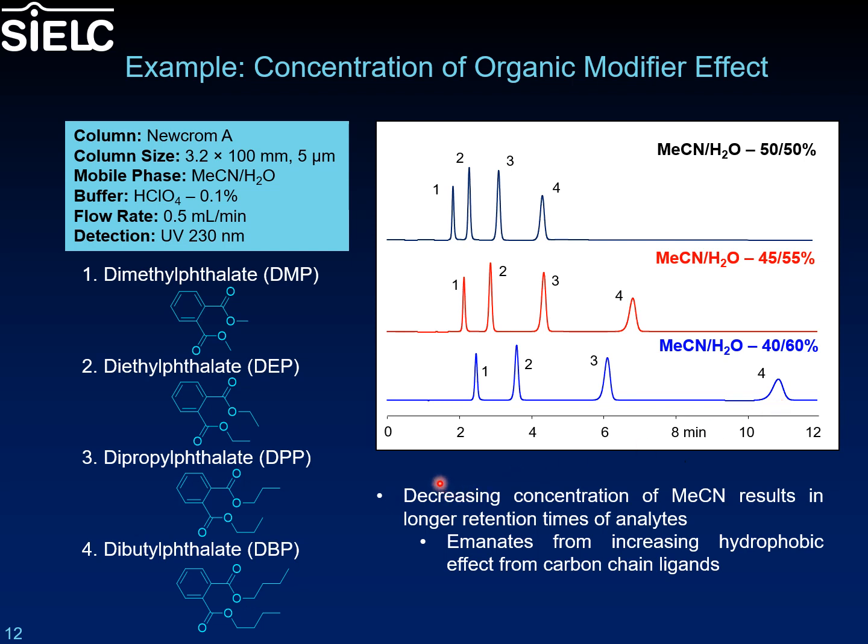This is a notable observation in that decreasing concentration of acetonitrile results in longer retention times of analytes, as we can see particularly with analyte 4, dibutyl phthalate, eluting at later and later retention times. This emanates from the increasing hydrophobic effect from the carbon chain ligands themselves.